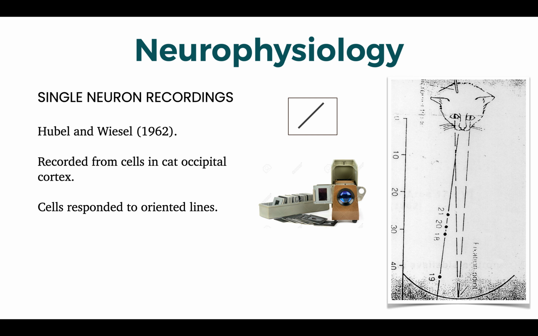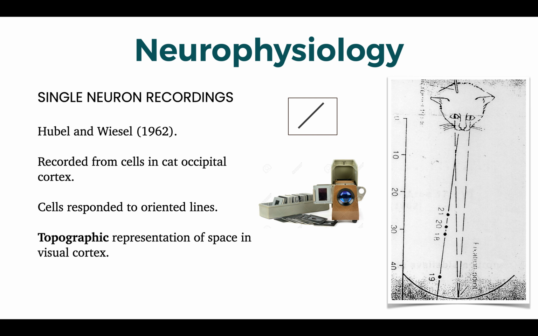Hubel and Wiesel were showing images, and what they found was that they weren't getting any responses from the neurons when the images were actively being projected, but they were getting responses as the slides were being removed from the projector. So the neurons were actually responding to the edges of the slides as they were being pulled out of the projector, so that they would make a line across the screen as the slides came out.